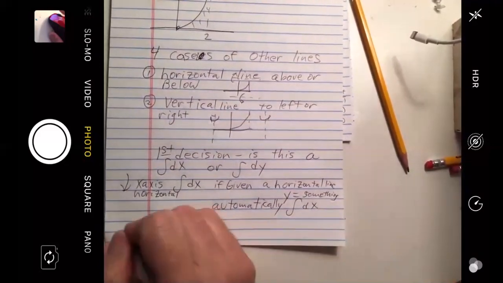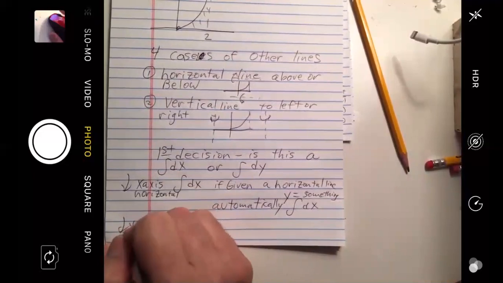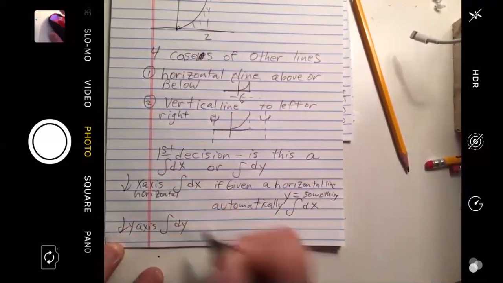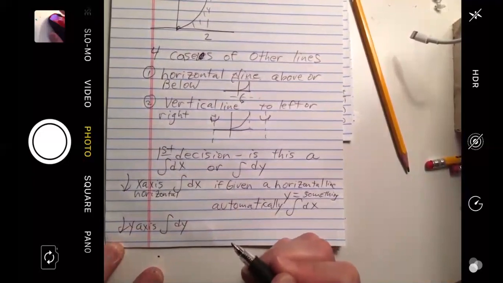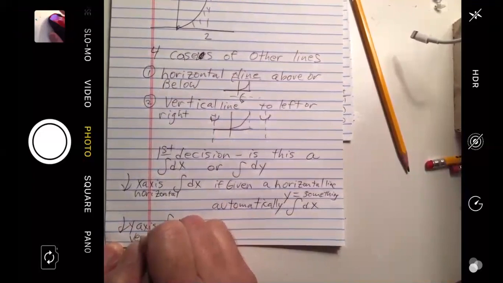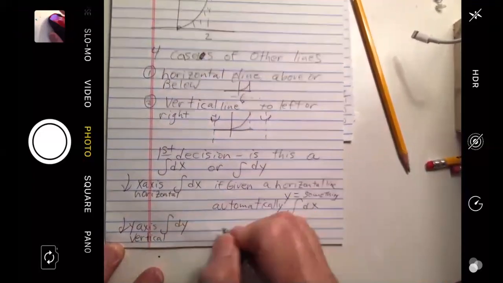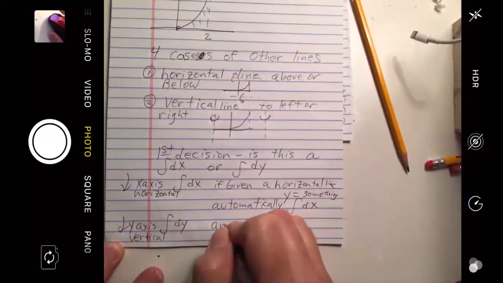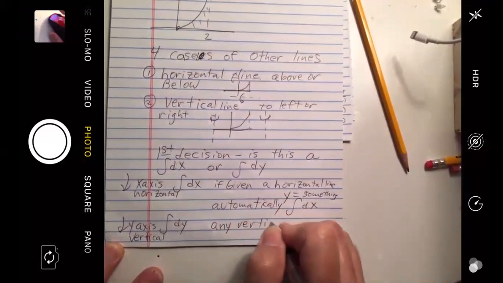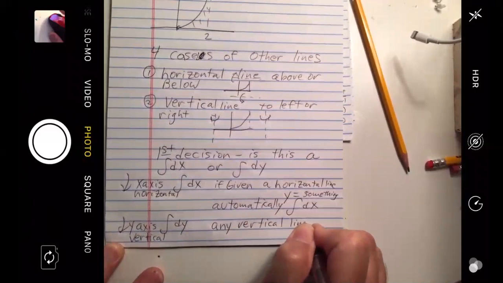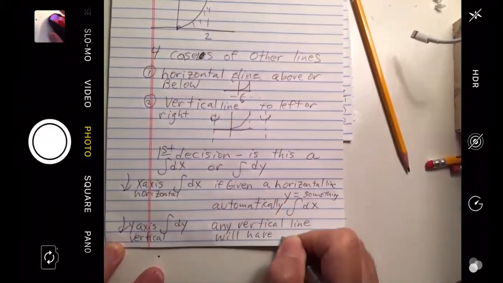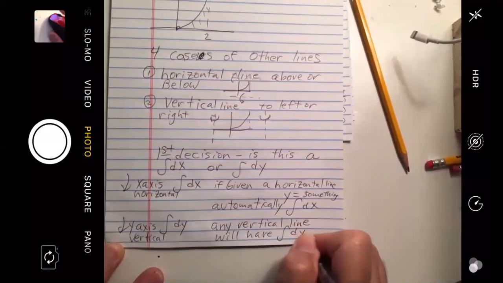Remember, if you went around the y-axis, you had an integral dy. Y-axis is vertical. Any vertical line will have a dy integral.